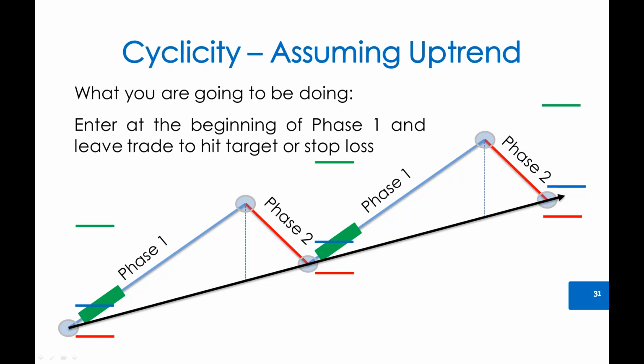Let's imagine that these two cycles are cycle 3 and cycle 4. You would look to enter at the start of a phase 1 and then exit towards the end of a phase 1, and always have a stop loss in place so that your account is as risk managed as possible.